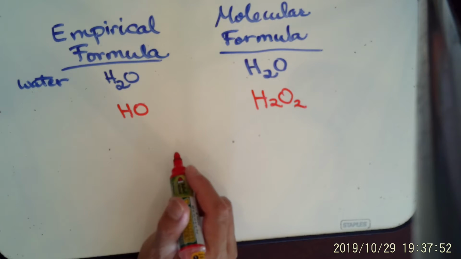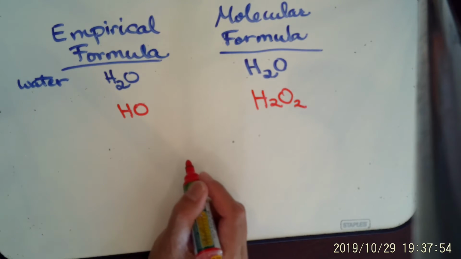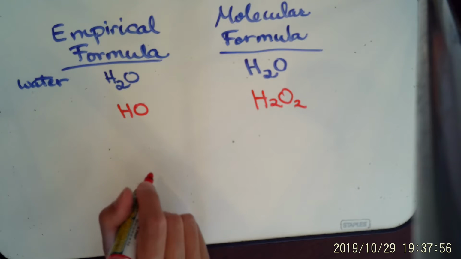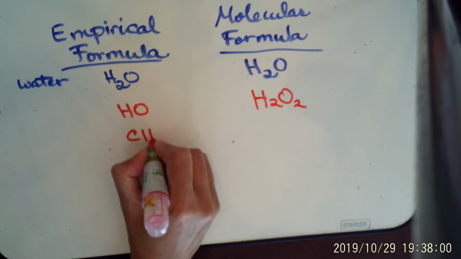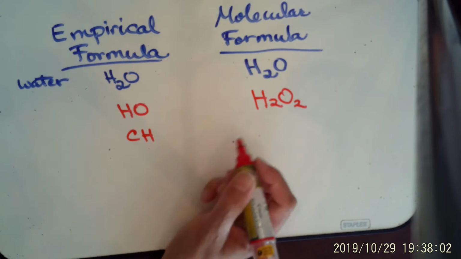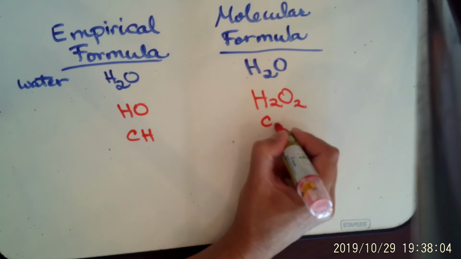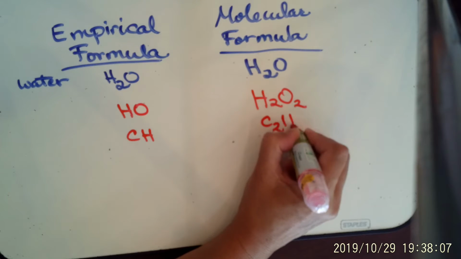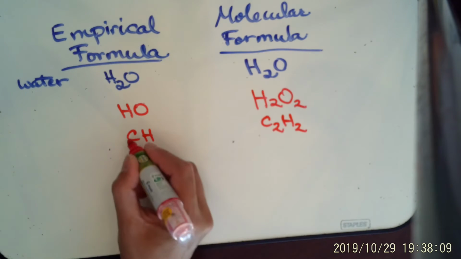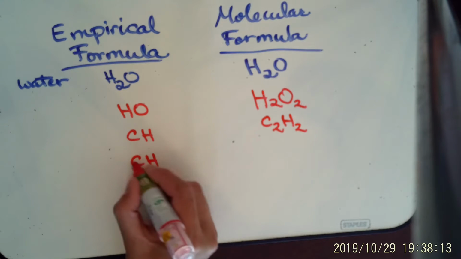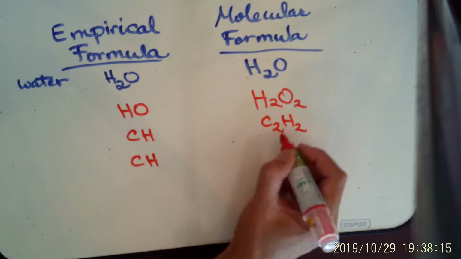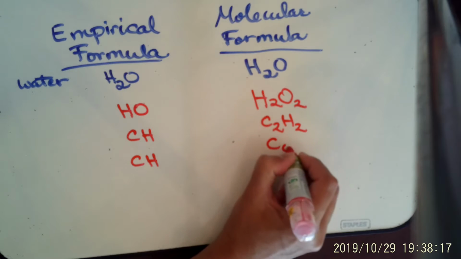Now there are several molecules that can have the same empirical formula but different molecular formulas. If I gave an empirical formula of CH, there's a compound, acetylene, that's C2H2, that has this empirical formula. Another molecule that has this formula is benzene, which is C6H6.